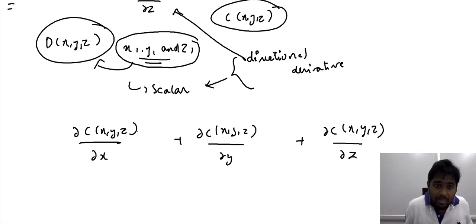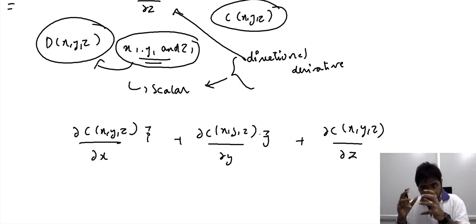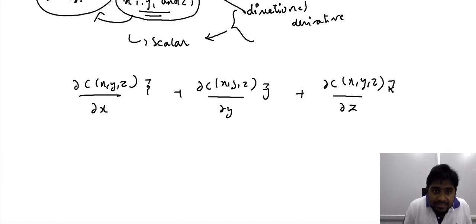You are coupling the partial derivative of the function with respect to x to the i vector, the partial derivative with respect to y to the j vector, and the partial derivative with respect to z to the k vector, these orthonormal bases. Then this operation is referred to as the gradient.